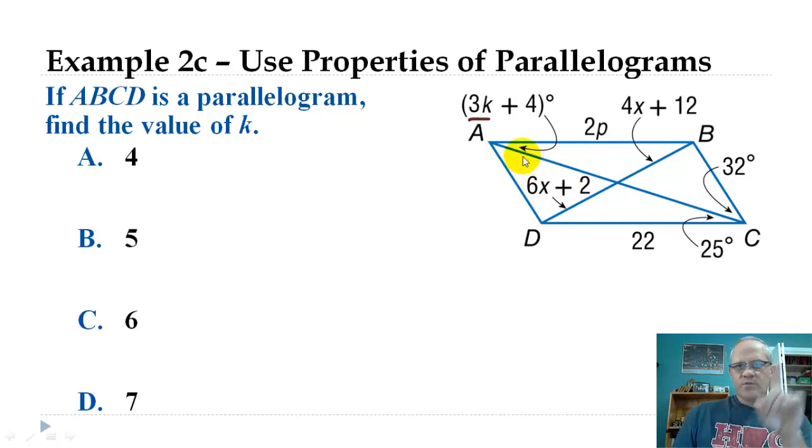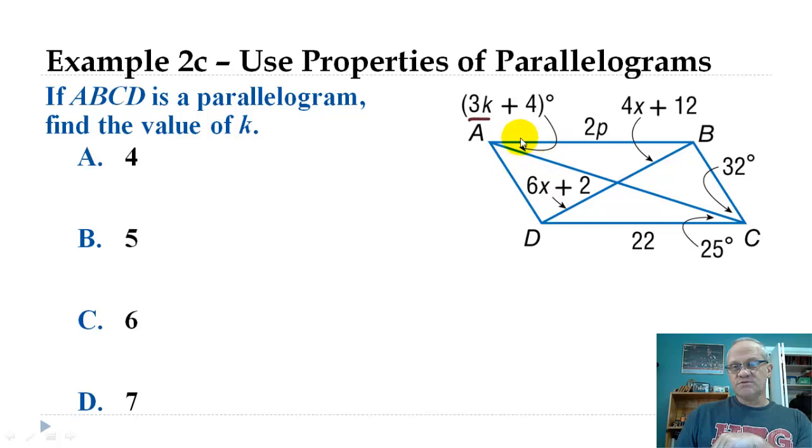Remember, way back at the beginning of the year, we talked about parallel lines, which AB and DC are, and a line that cuts through them, a transversal. One thing we learned was that alternate interior angles are congruent.